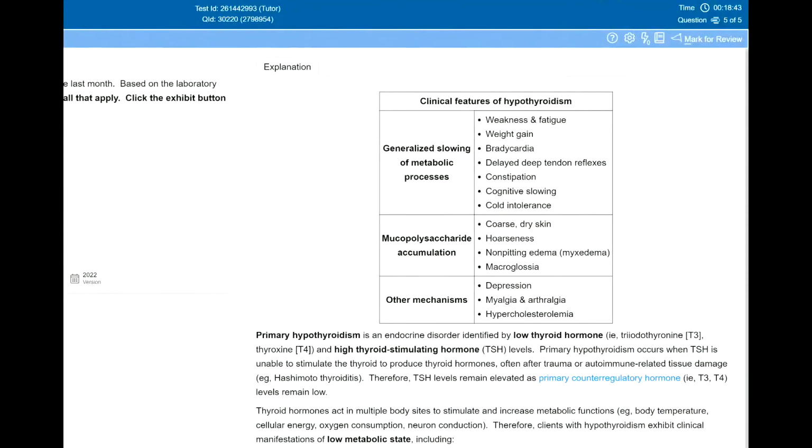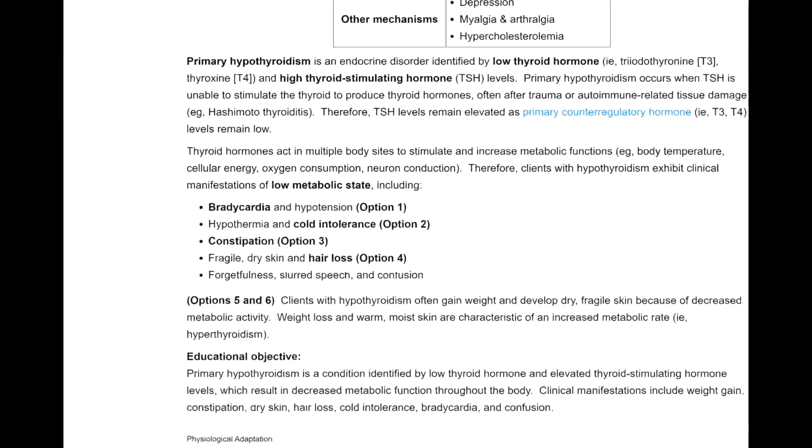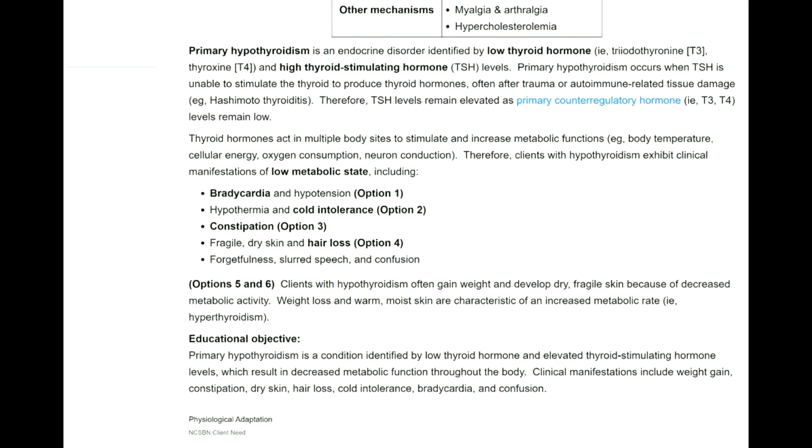So let's look at our explanation, and I'm going to try to help you kind of demystify the thyroid questions here. Like I said earlier, it can be confusing because we know that in thyroid problems, we can have TSH be higher or lower, depending if it's primary, secondary, all of this.